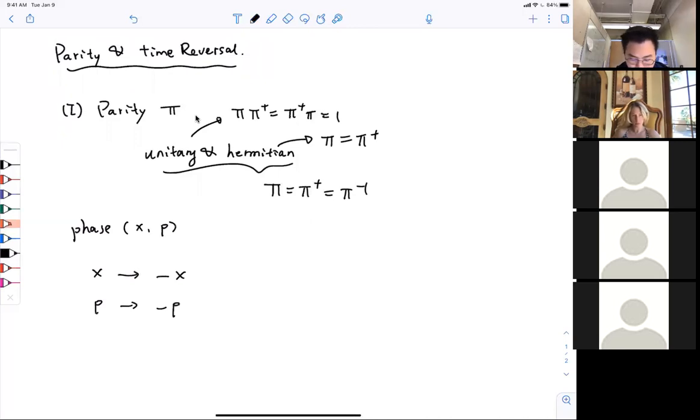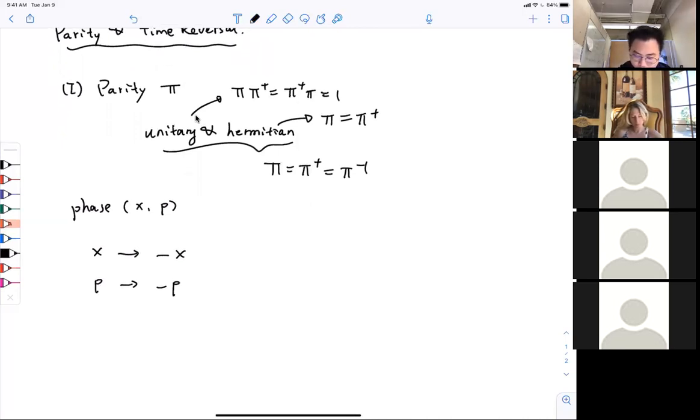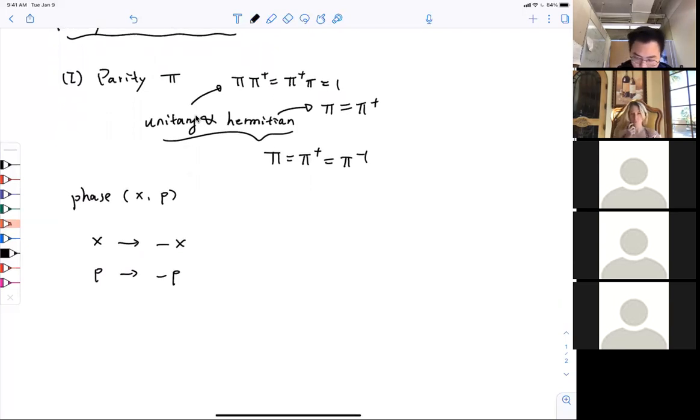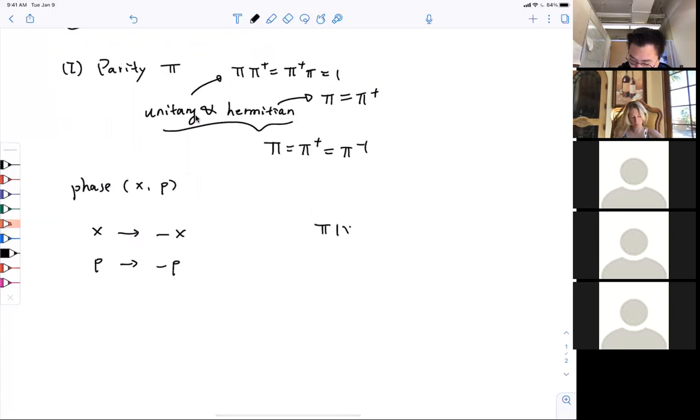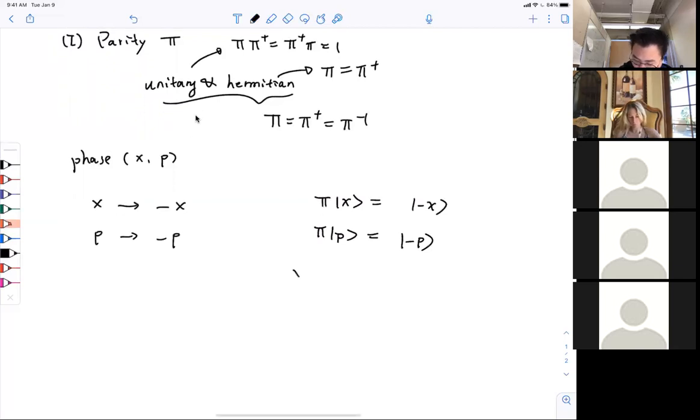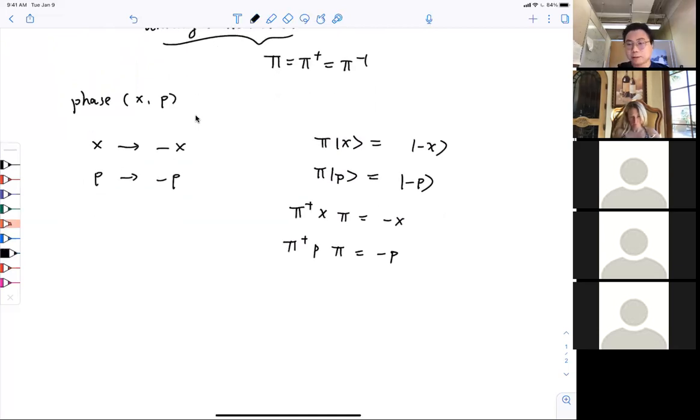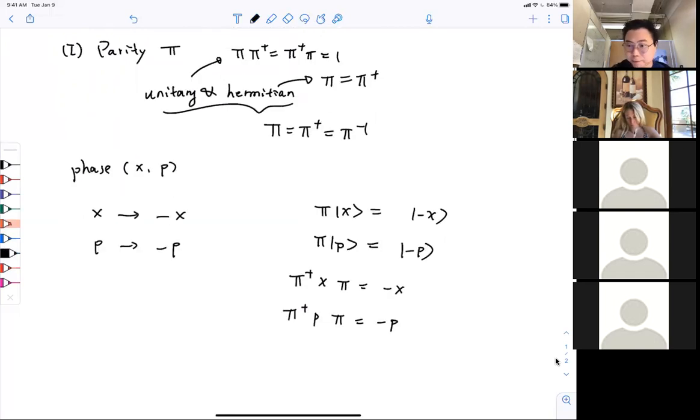We want to somehow preserve this nice property in quantum mechanics, so we require similar properties. I'm pretty sure you know this. I just want to very briefly summarize all this.